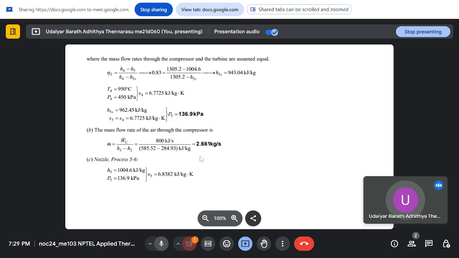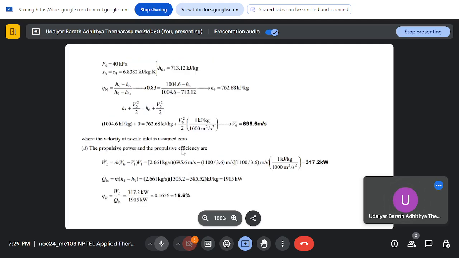Across the nozzle, the inlet enthalpy is 1004.6 kilojoule per kg and the pressure is known, 136.9 kilopascal. Correspondingly the entropy is 6.8382 kilojoule per kg Kelvin. The exit is the ambient pressure.